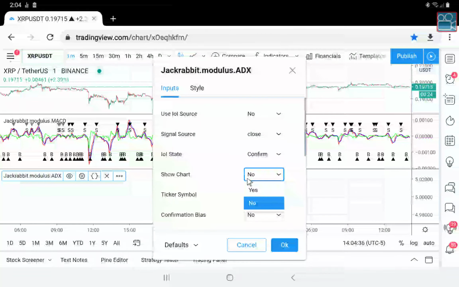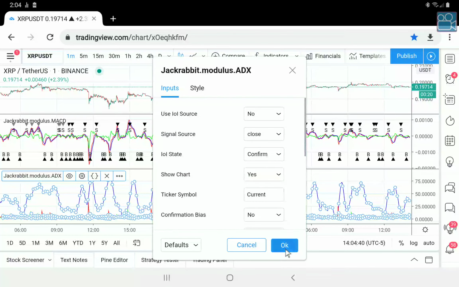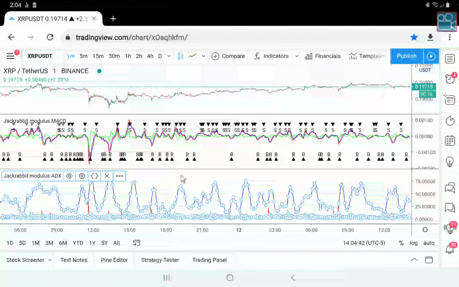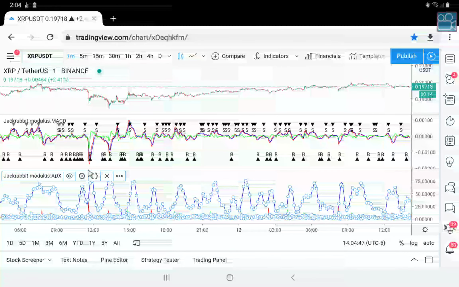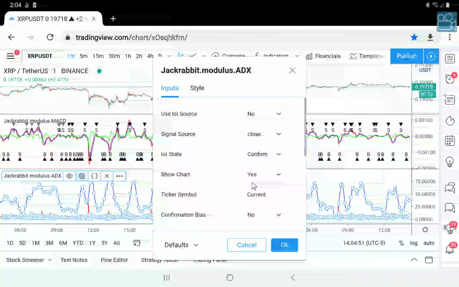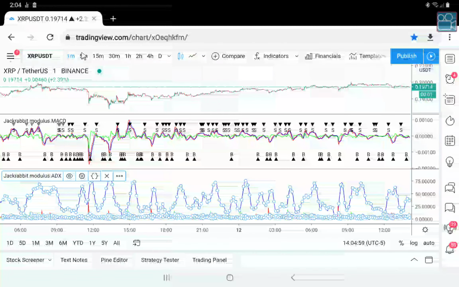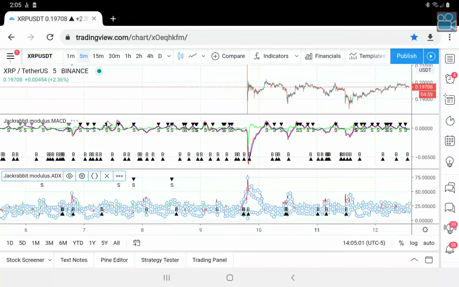Okay, let's show the chart. Now let's do something complex here. We got a MACD signal. Okay, we're on XRP. Let's go to the 5-minute chart. There we go.